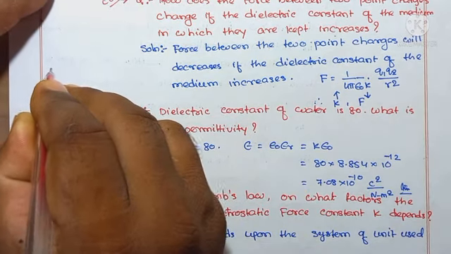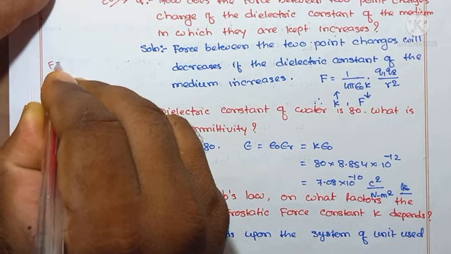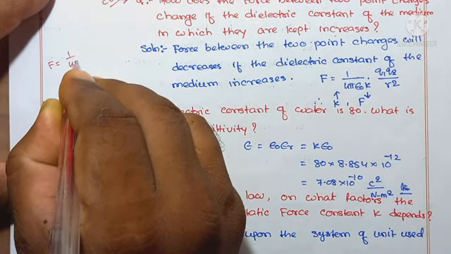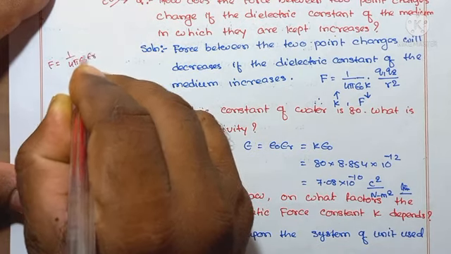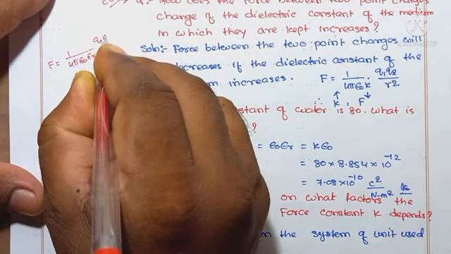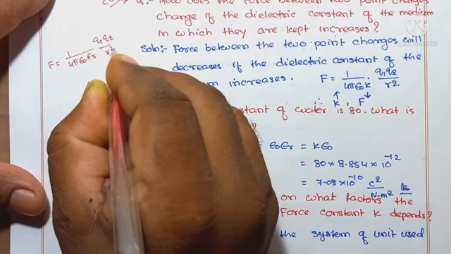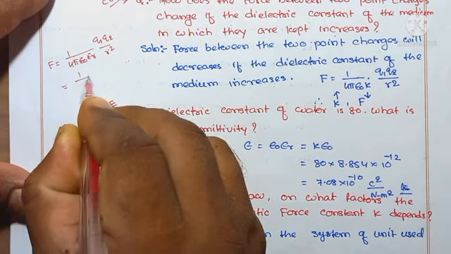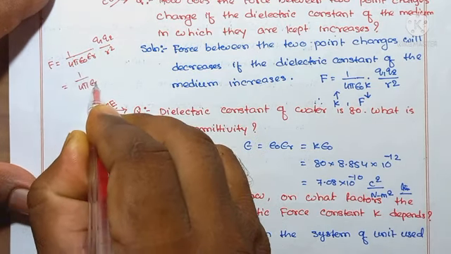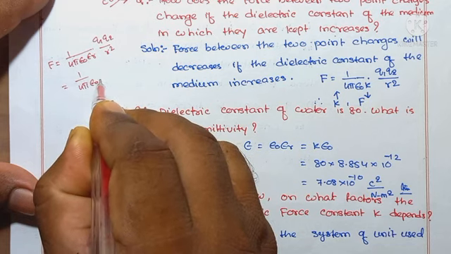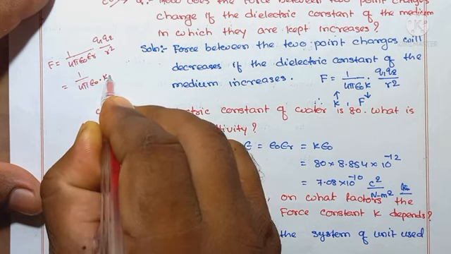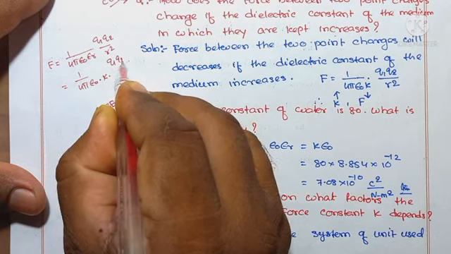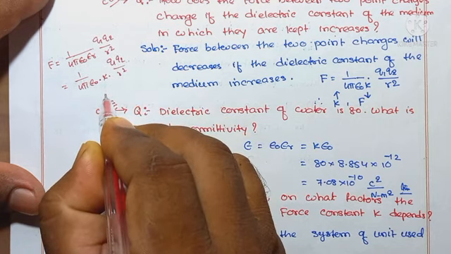from Coulomb's law we know that F is equal to 1 by 4 pi epsilon 0 epsilon r q1 q2 by r square. So 1 by 4 pi epsilon 0, in place of epsilon r we will write k, q1 q2 by r square.